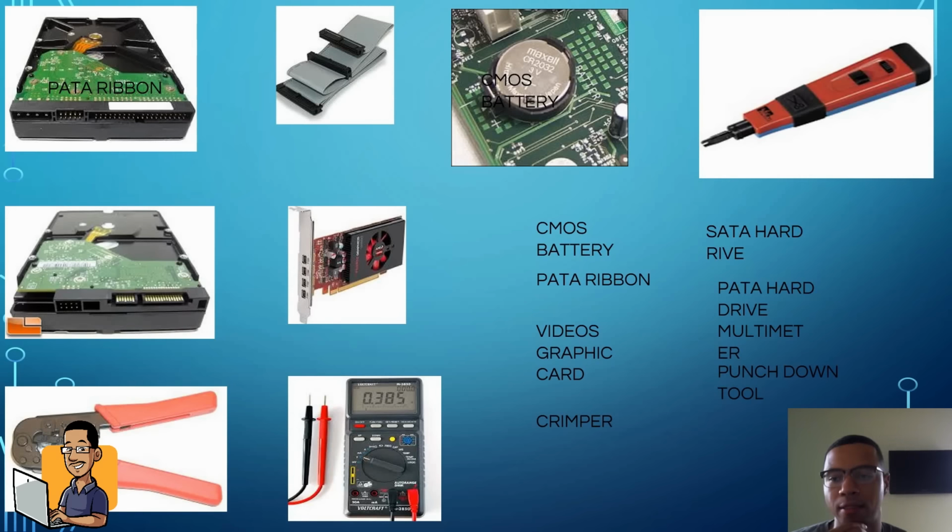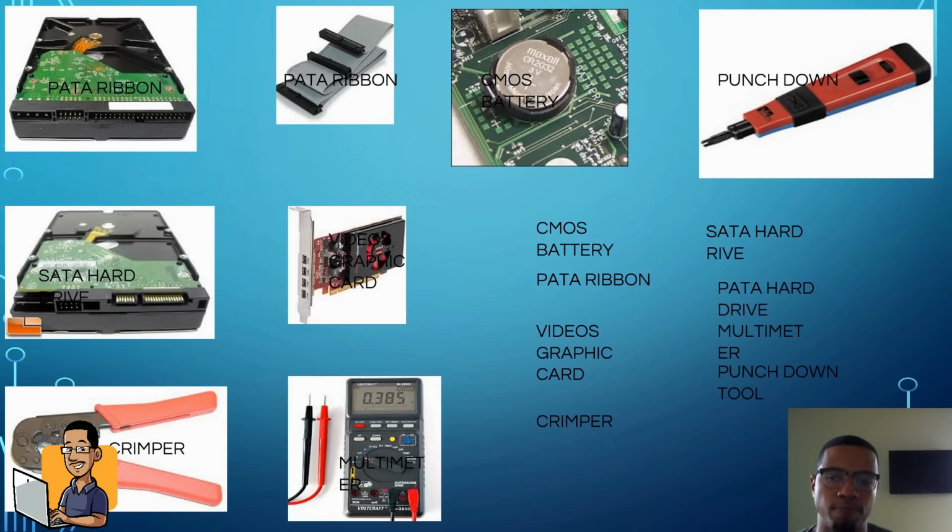That is a PATA hard drive, and the way that we know that is because of the pins. Just remember that. We got pins on a PATA, no pins on a SATA. Then we got the video graphics card, PATA ribbon cable, got a SATA hard drive, crimper, and multimeter. And last but not least, we got a punch down tool.